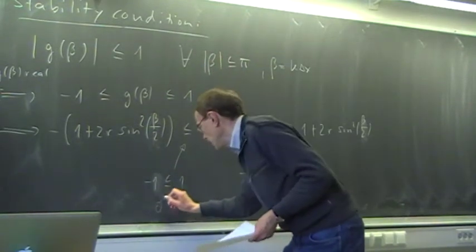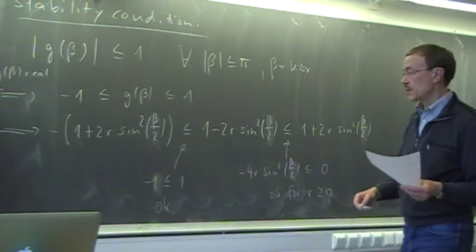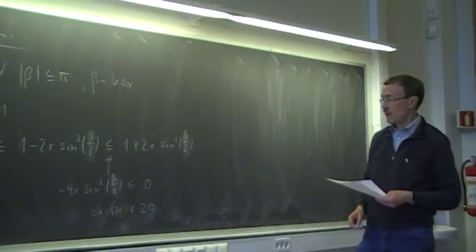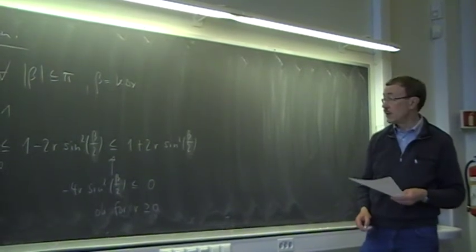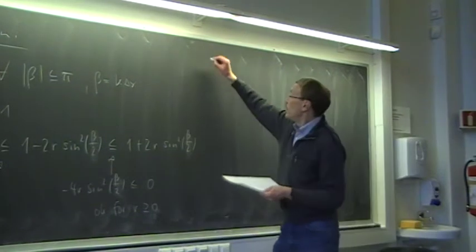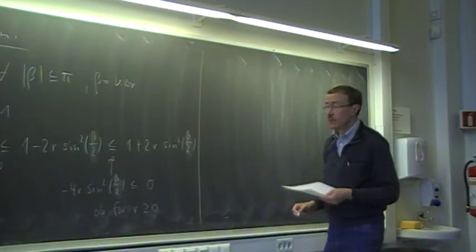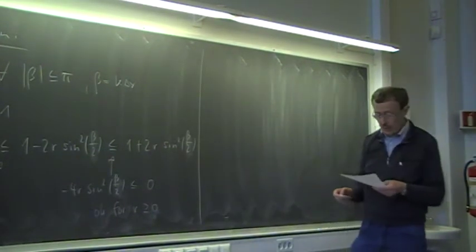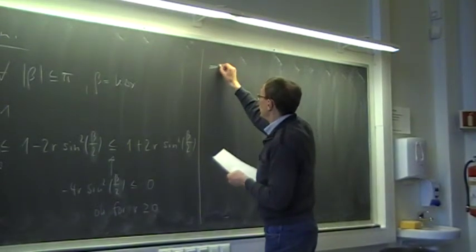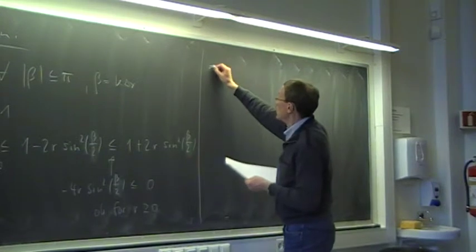And that is clearly okay, so the left inequality doesn't give anything. But the right inequality says that r has to be greater or equal to 0. So from that we can conclude that the Crank-Nicolson method is stable for all r larger or equal to 0.